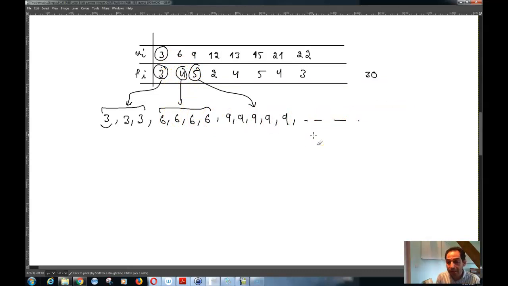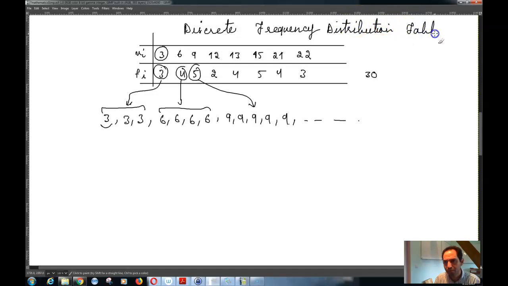So that's this kind of representation, and then you can put all of your observations in a table. This is called a discrete frequency distribution table. The name is big, but it doesn't need to be intimidating.